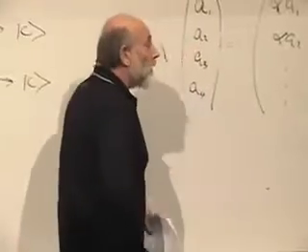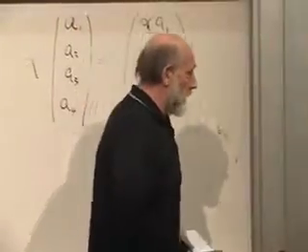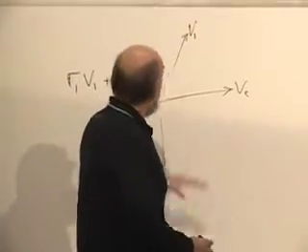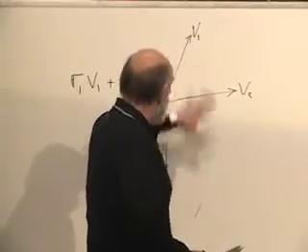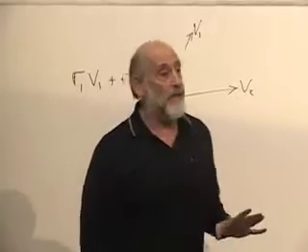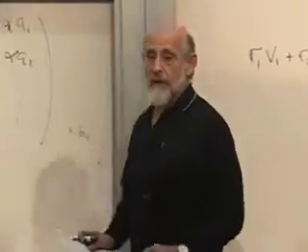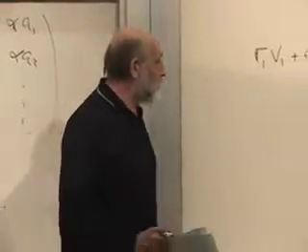So the question is, how many vectors do you need? What's the minimum number of vectors that you need in order to be able to add them up with coefficients and generate any vector in the vector space? That minimum number is the dimensionality of the space. In this case, it's 2.